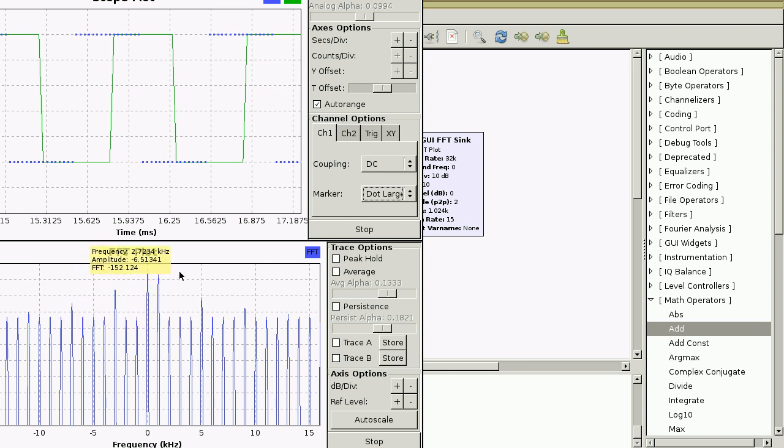Remember, things that are below, say, 20 or 30 dB, below our signal of interest, generally are things that we can ignore. So there aren't very many peaks that are very high in amplitude. There's a lot of stuff that's down here, around -30 to -40 dB. That's very interesting.